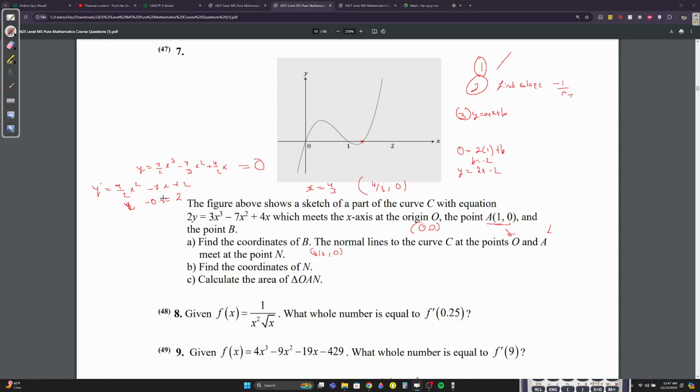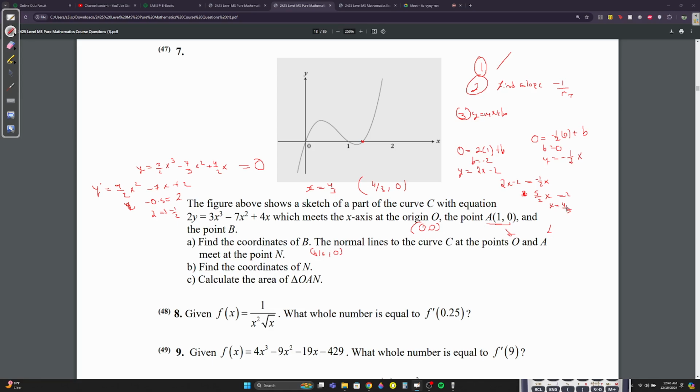If you substitute, the slope of the tangent is 2, so the slope of the normal is minus half. Now use y equals mx plus b: 0 equals minus half times 0 plus b, so b is 0. The equation of that normal is y equals minus half x. Now we equate these two to each other, and you get 5 over 2 x equals 2, so x is equal to 4 over 5.